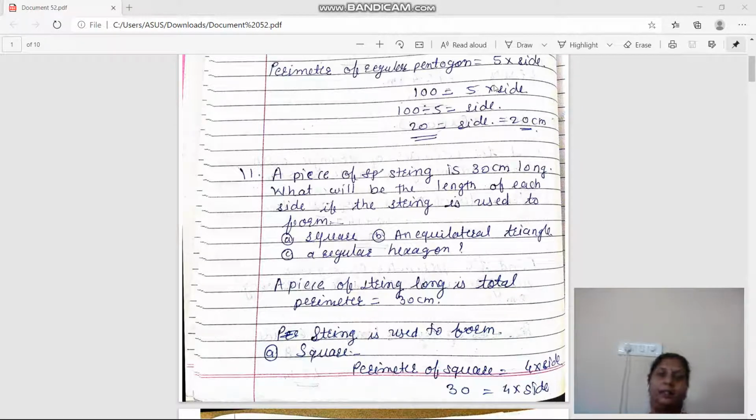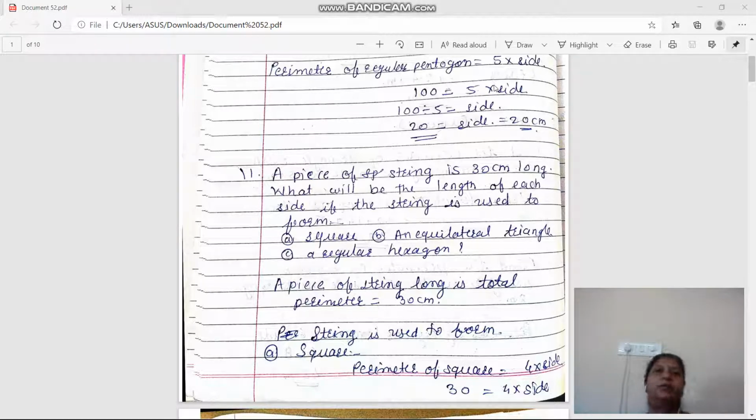We started exercise 10.1 and completed up to the 11th example, right? So I will quickly recap the 11th example. A piece of string 30 centimeter long, what will be the length of each side if the string is used to form a square, equilateral triangle, regular hexagon?